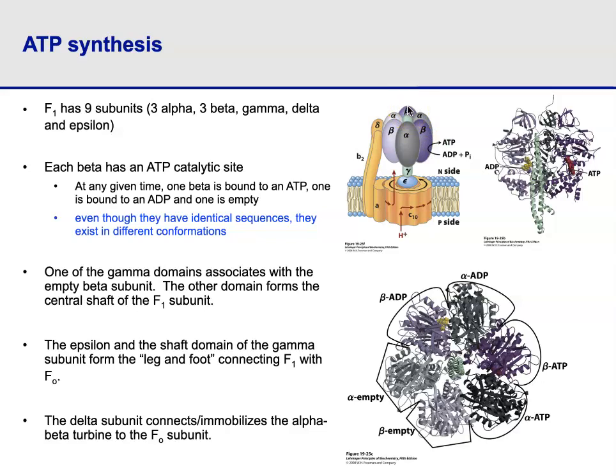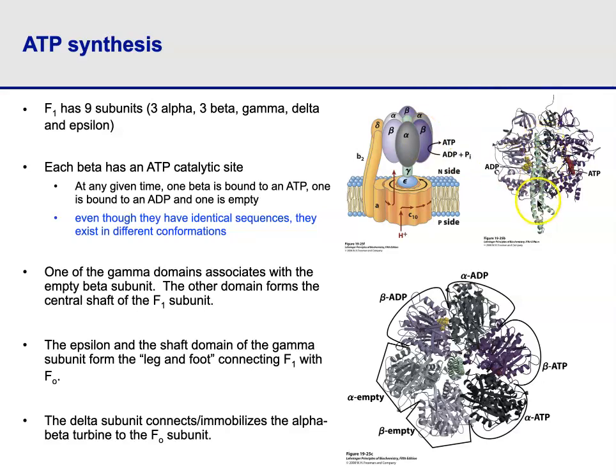So one is associated with ATP, one with ADP, and one is free of nucleotide. Alphas do not have nucleotide binding sites. They're there to support the conversion process.